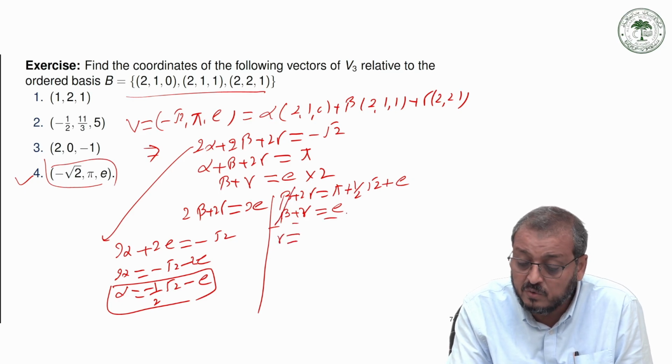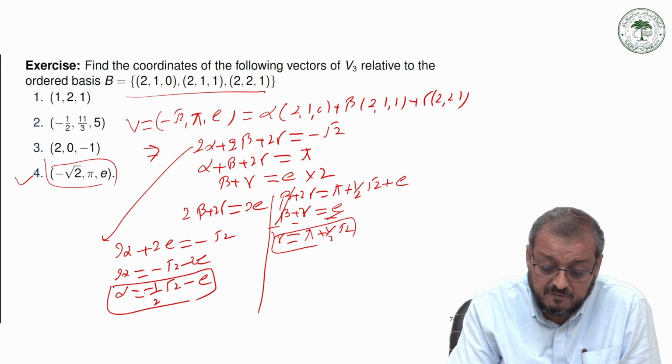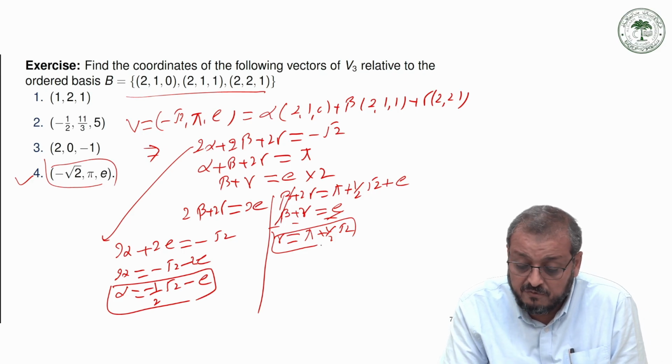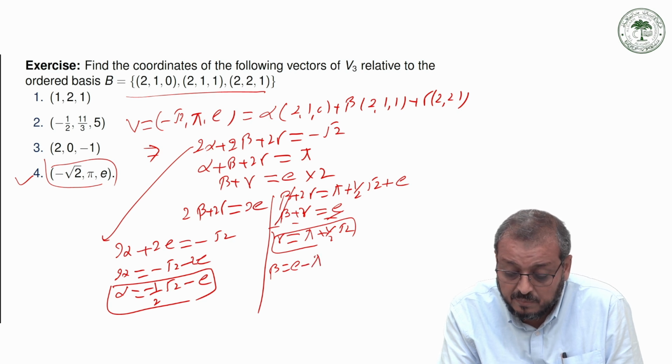So gamma is equal to pi plus 1 by 2 root 2. Gamma is equal to this, alpha is equal to this, so beta is equal to e minus gamma, which is equal to e minus pi minus 1 upon 2 root 2.